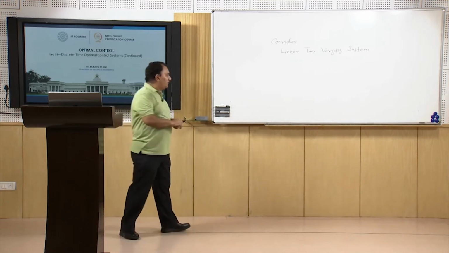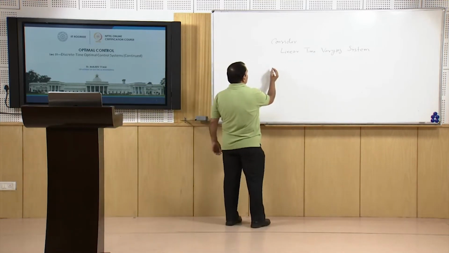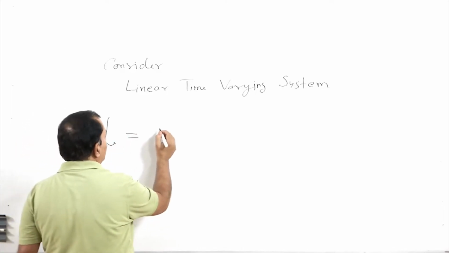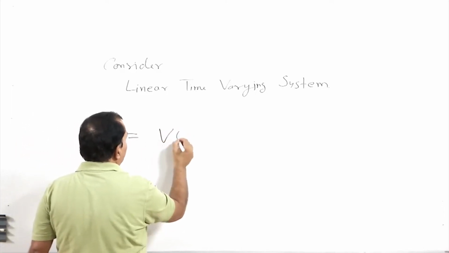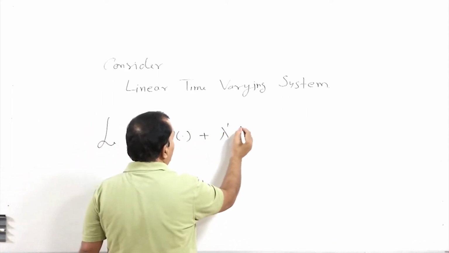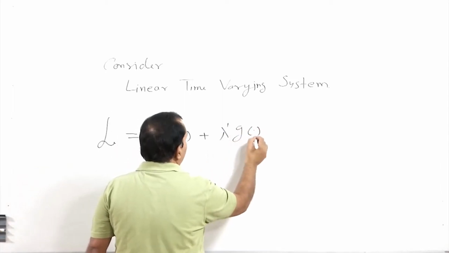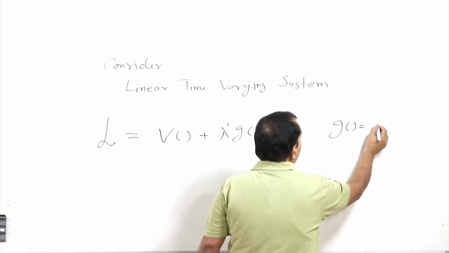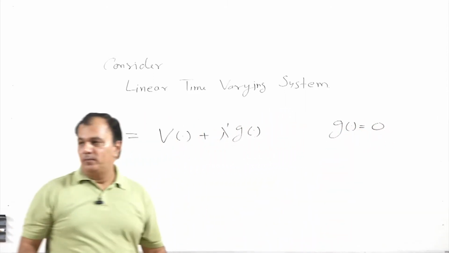So, what is my Lagrangian? Lagrangian we define as V plus lambda prime G, where G we will take as 0.